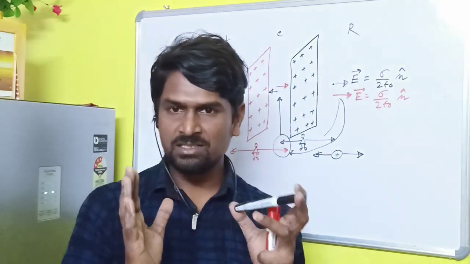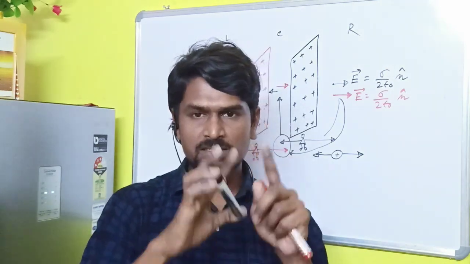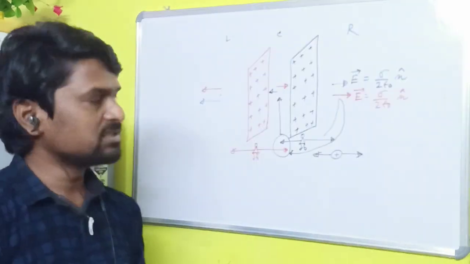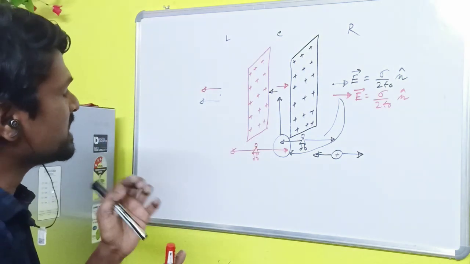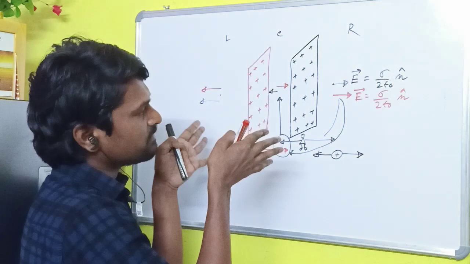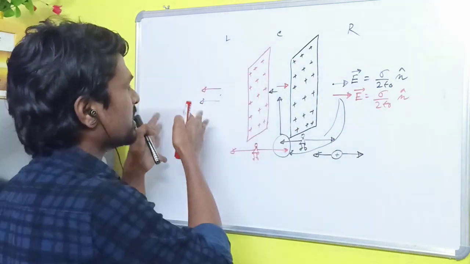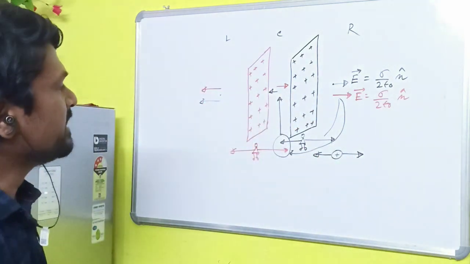What is a sheet? A sheet is a distributed charge. When two sheets are given, there is the right side, the left side, and the center.